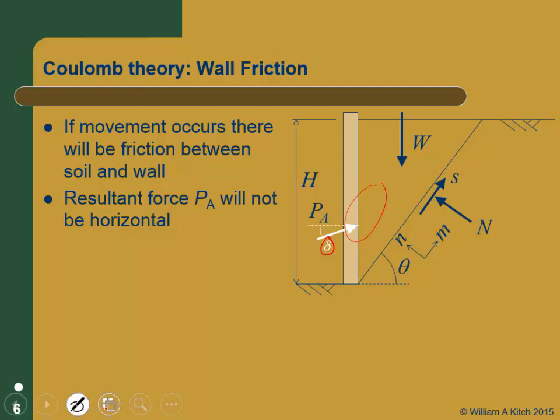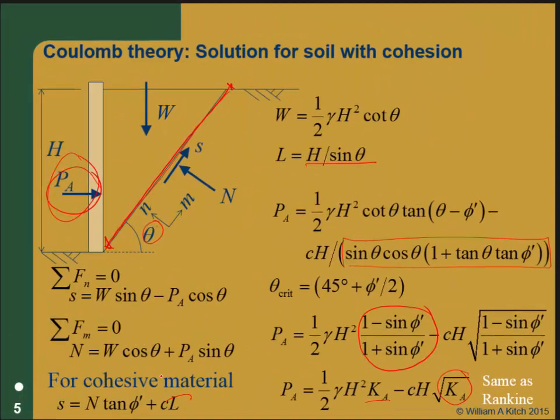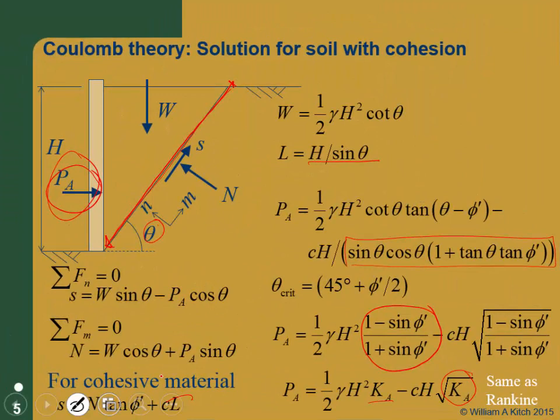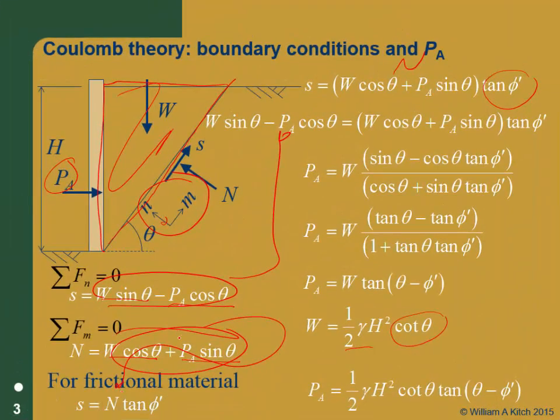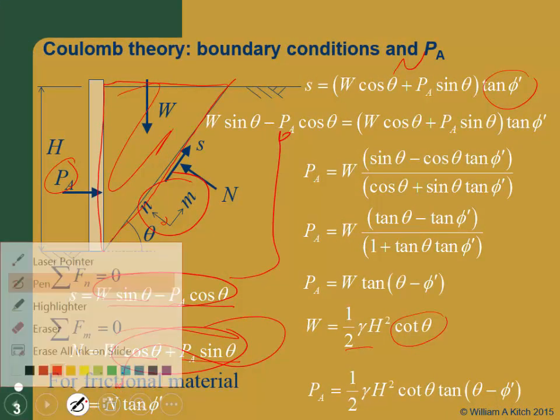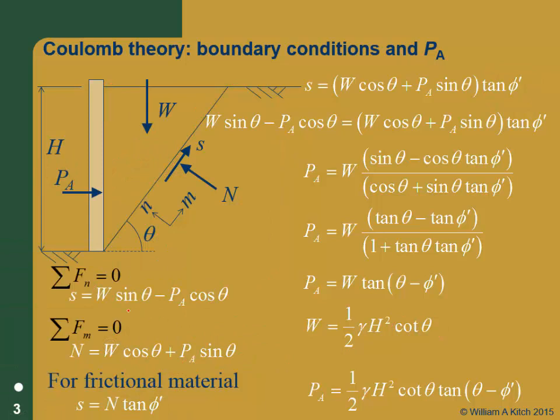And realize if we go back a slide here, let me go back one more slide. When we derived our equations, if PA wasn't horizontal, we would just have another angle in here.